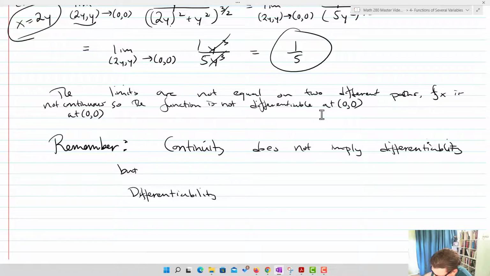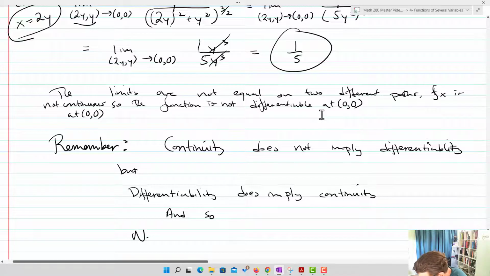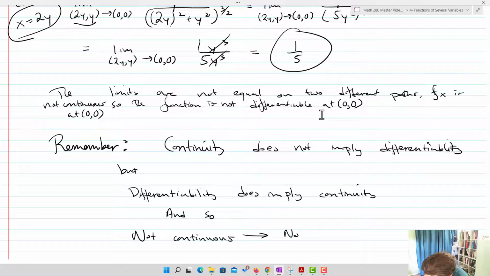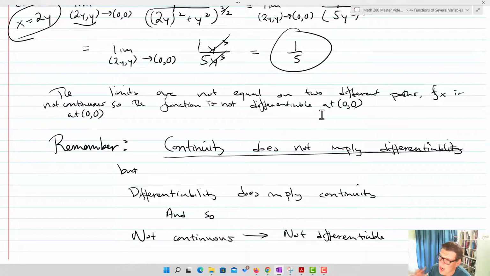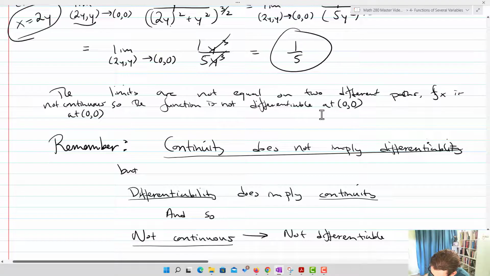It's a logic idea. And so, not continuous implies not differentiable. All right? Don't get them twisted, right? You can have a continuous function that is not differentiable, but you cannot have a differentiable function that is not continuous. Consequently, if your function is not continuous, then your function is not differentiable.